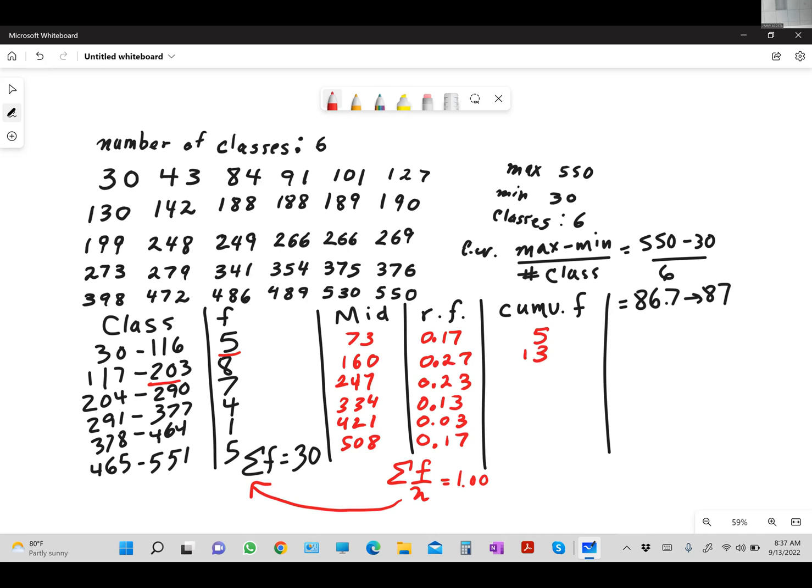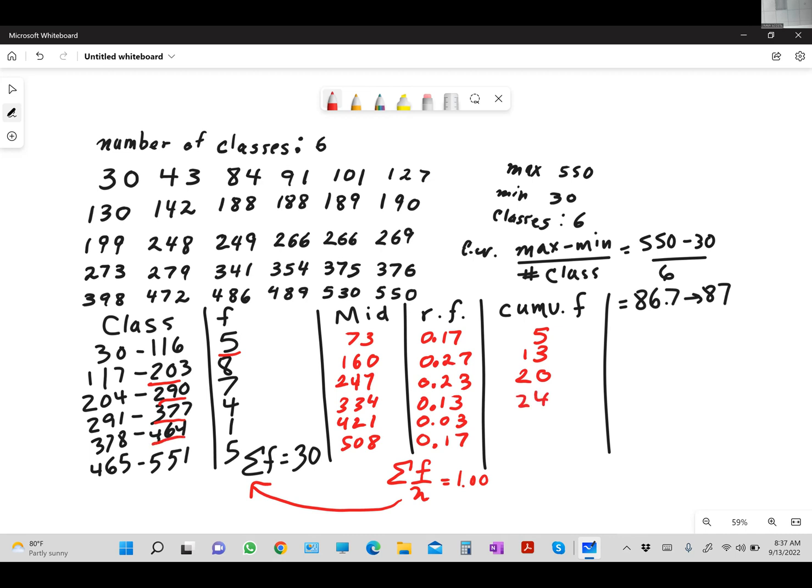By the time you get to 290, you would have counted 5 plus 8 plus 7, which is 20 numbers. By the time you get to 377, you would have counted 5 plus 8 plus 7 plus 4, which is 24 numbers.